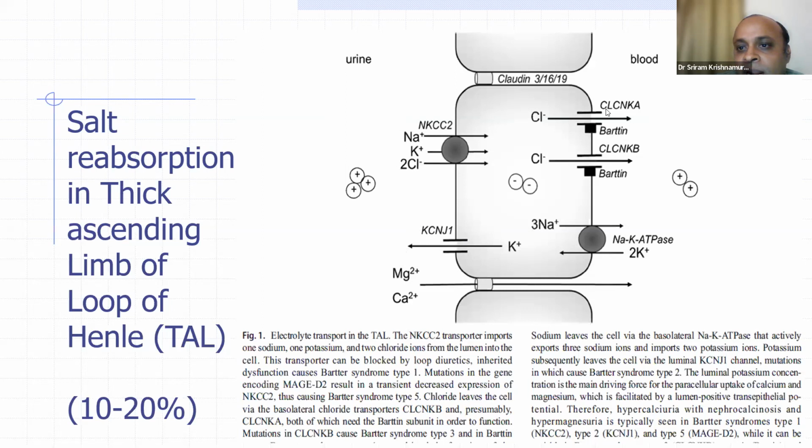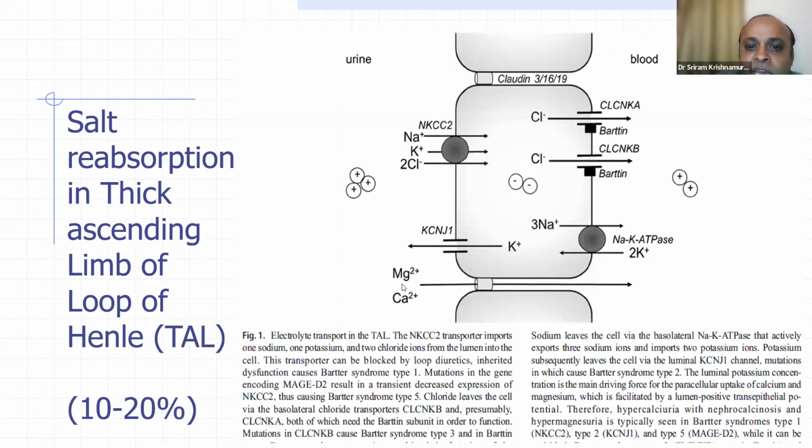And on the basolateral side in the TAL, we have the CLCNKA and the CLCNKB channels, which have Barttin as a subunit, a cofactor. So a mutation in any of these can produce Bartter syndrome. NKCC2 mutations lead to Bartter syndrome type 1.